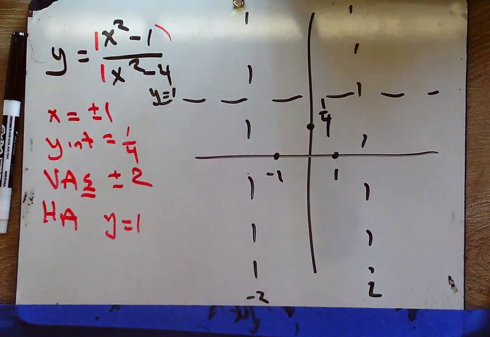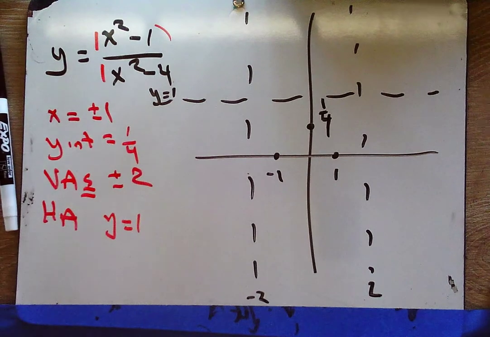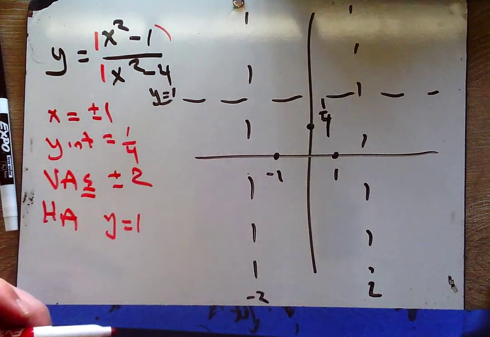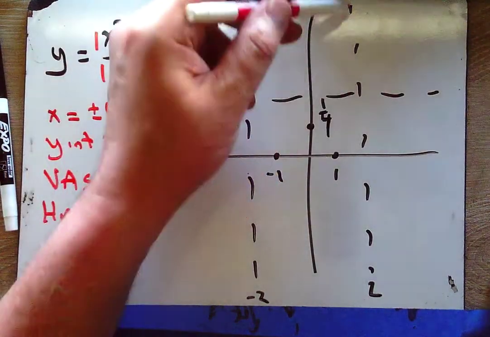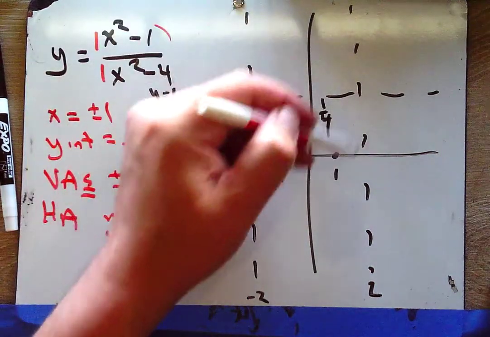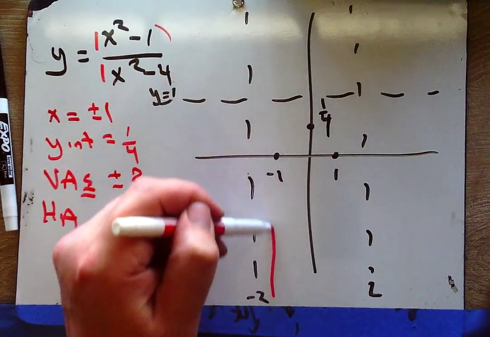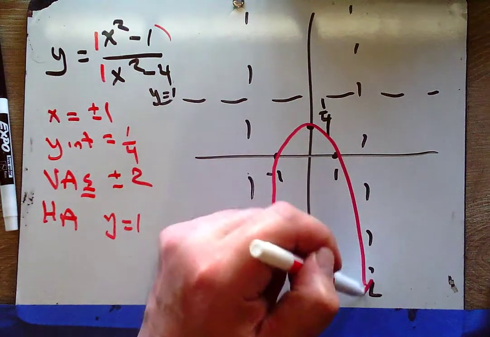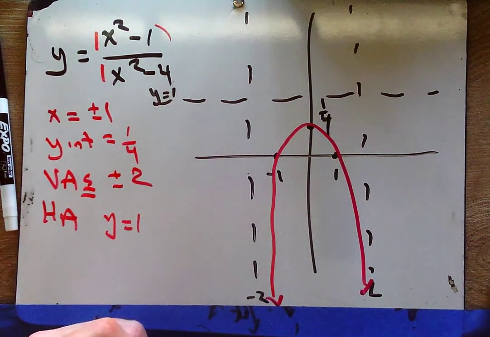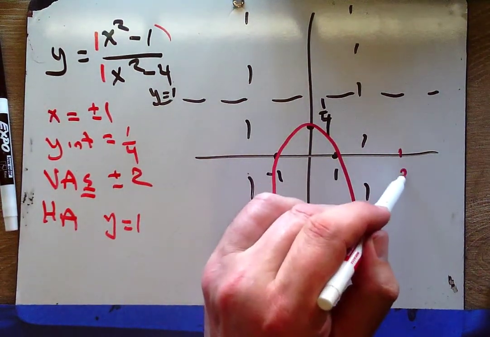Okay, so what shape are you going with between the vertical asymptotes? I'm not going with that. No, I'm going to go with down-pointing parabola. Okay? Now, what about over here at 3?